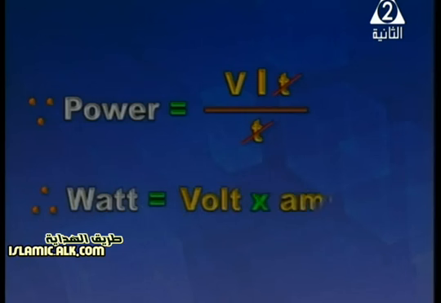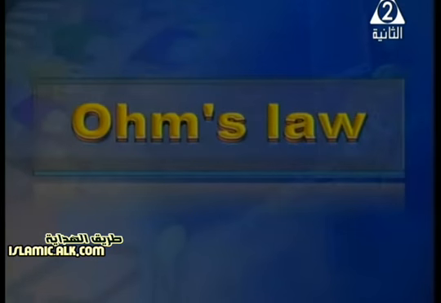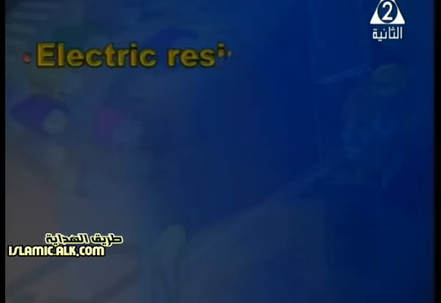First of all, what is meant by electric resistance? Electric resistance is denoted by capital R. The resistance of a material is its opposition to the flow of electric current. Let me say it again: resistance of a material is its opposition to the flow of electric current.